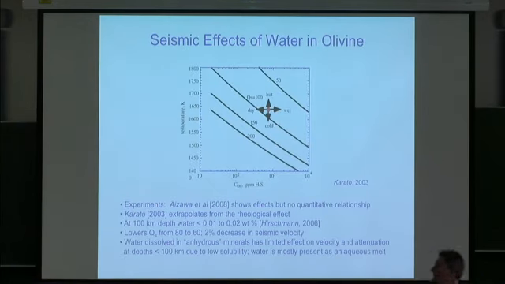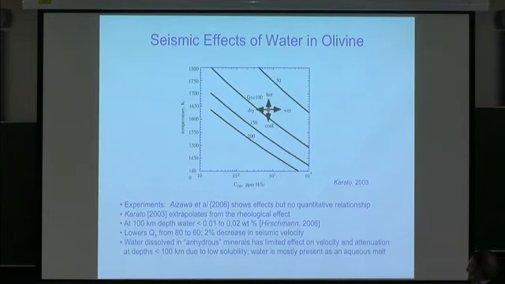One other thing we have to worry about is the effect of water, and Shun Karato's done quite a bit of work on this, although there are no experiments that well characterize this system either.